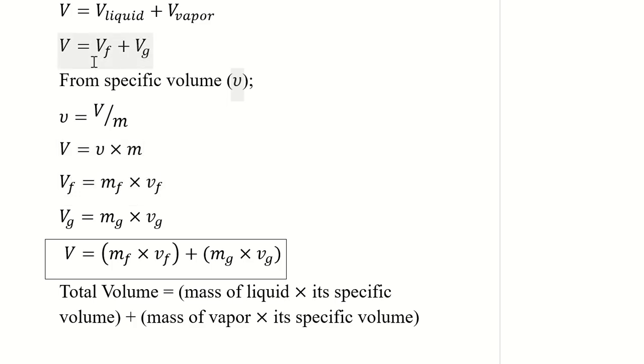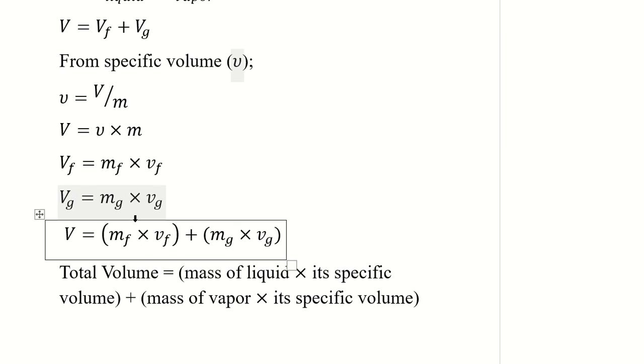So now we want to substitute into this formula. The volume of the liquid phase is equal to the mass of the liquid phase times its specific volume. Please note that lowercase v stands for specific volume. So the volume of the liquid phase is equal to the mass of the liquid phase times the specific volume of the liquid phase. And the same with the vapor phase.